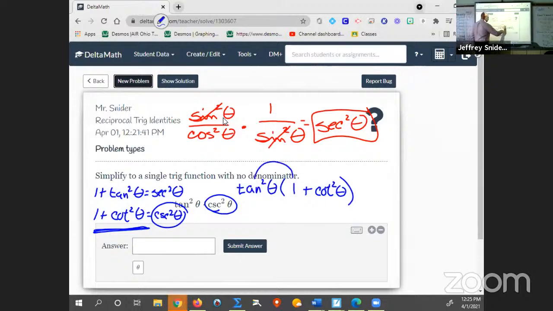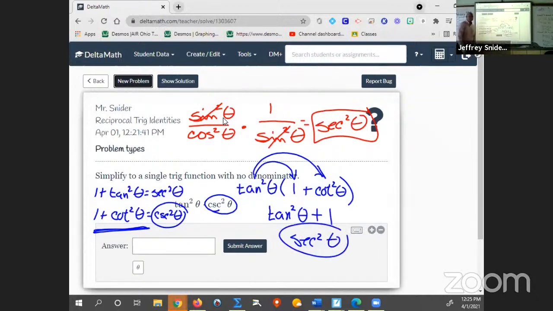Distribute this through. Tangent squared times 1 is going to be what? Now what's this going to give me? If you take a fraction times its reciprocal, what do you always get? 1. Right? You always get 1. Now I've got this. Oh, tangent squared theta plus 1 is what? Oh my goodness. Gave me the exact same answer. Crazy. Love it. Okay.